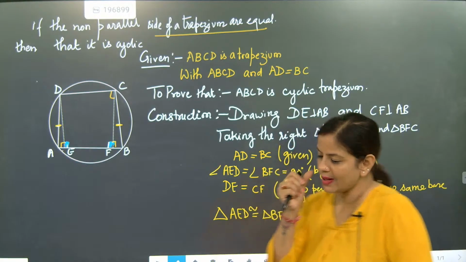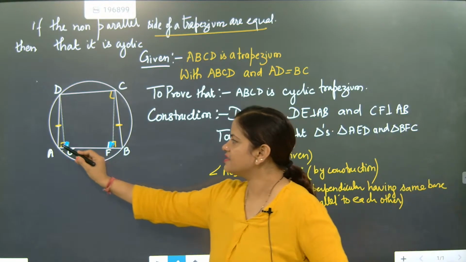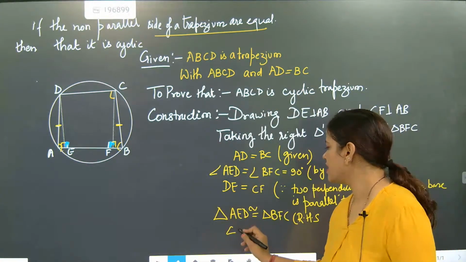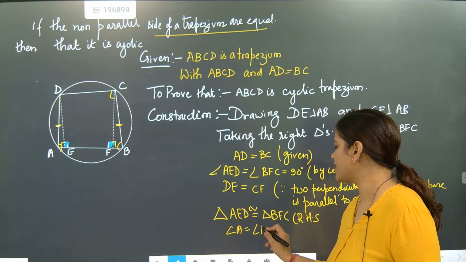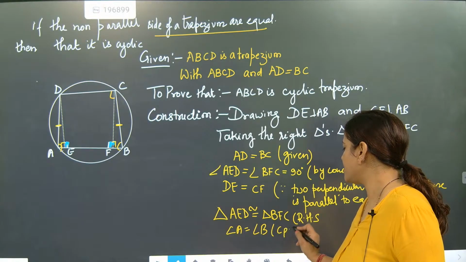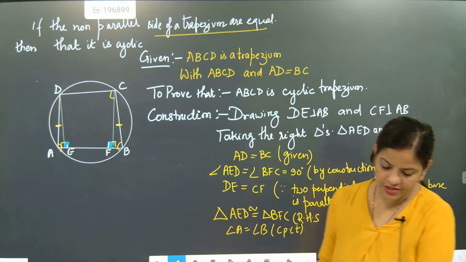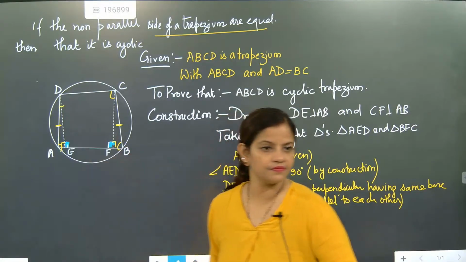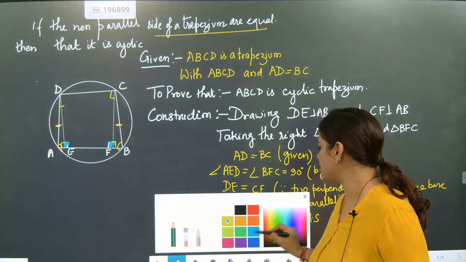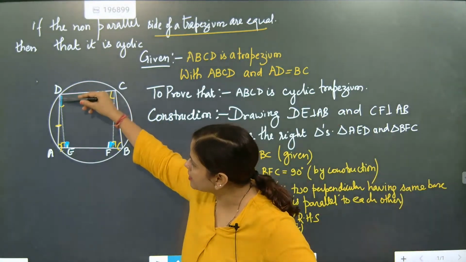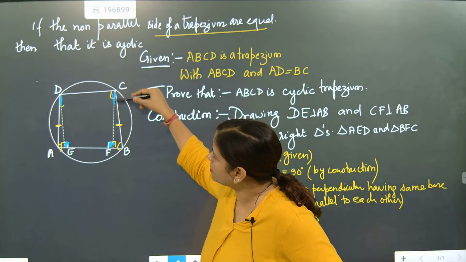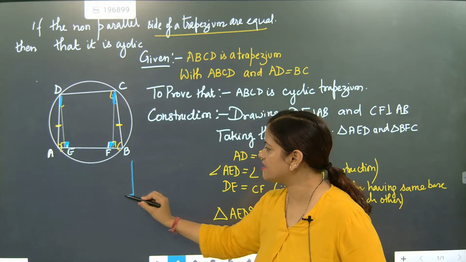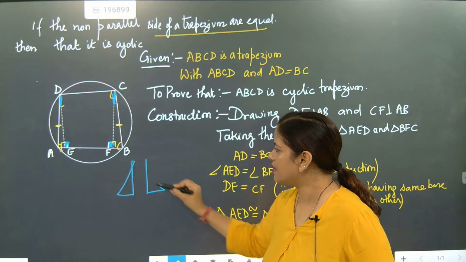So after proving this, we can say that angle A is equal to angle B, by CPCT. Also angle ADE, this angle, will become equal to this angle. Because now these two triangles are there, one triangle this one, another triangle this one.